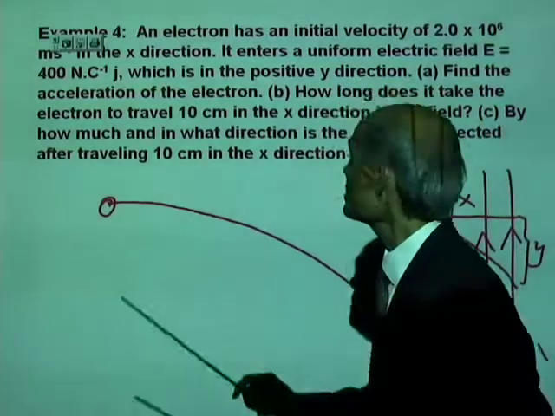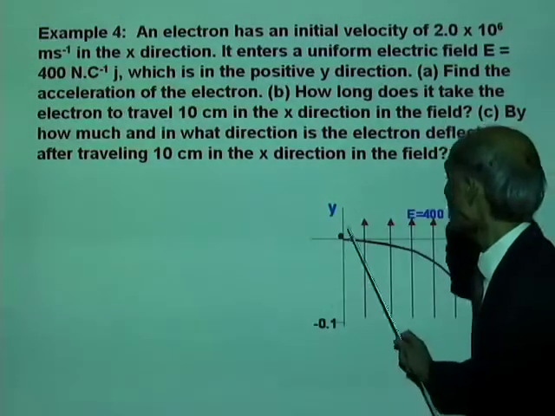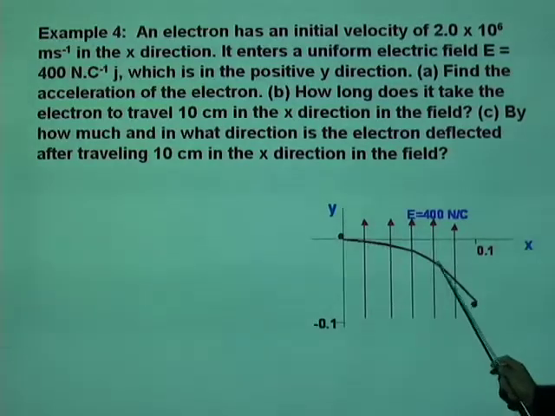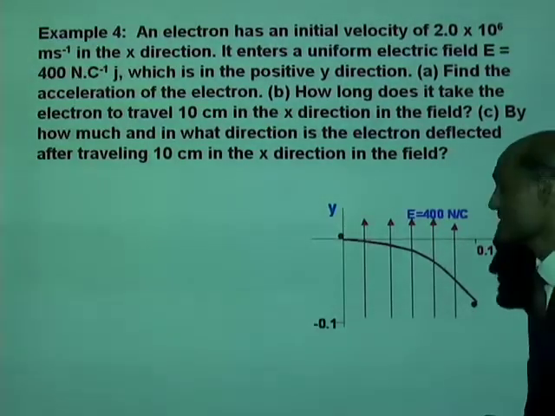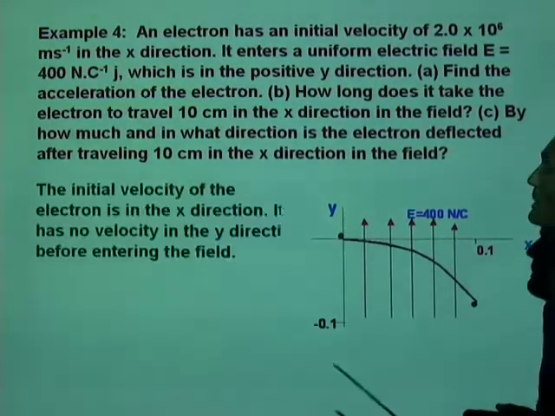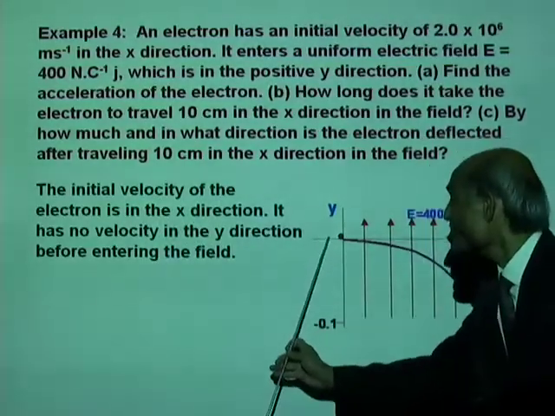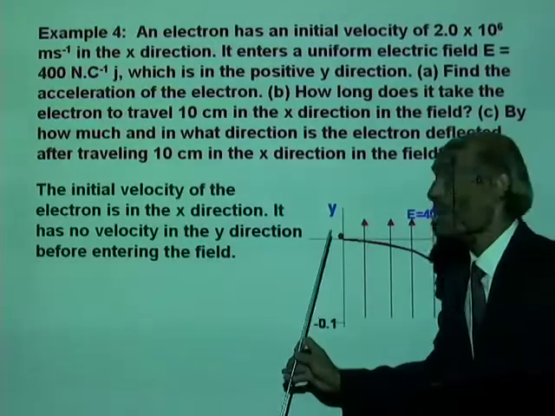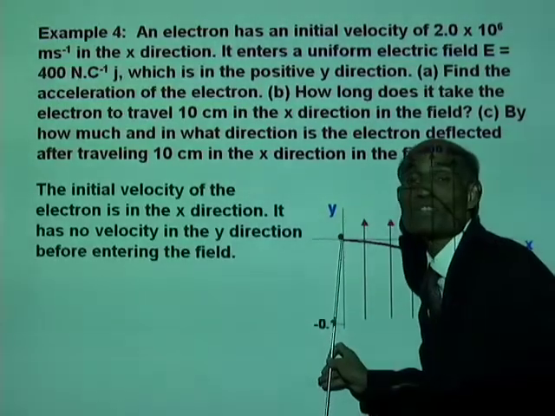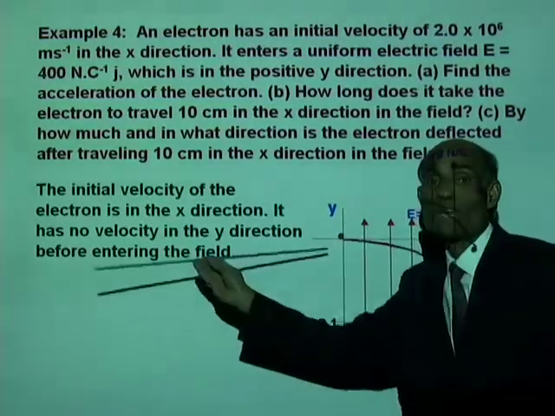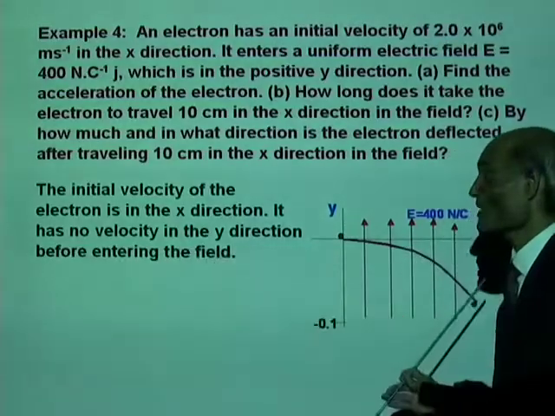Okay, let's put these things down. Well, this is the motion of the electron that we have been talking about. The initial velocity of the electron is in the x direction. You see, before it enters the electric field, the electron had an x velocity.